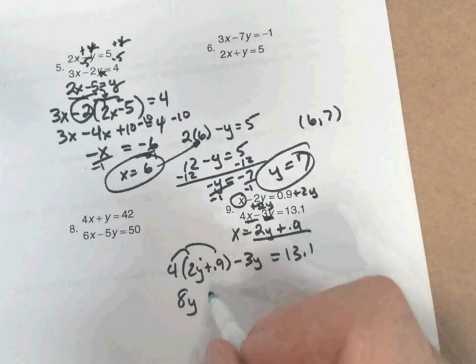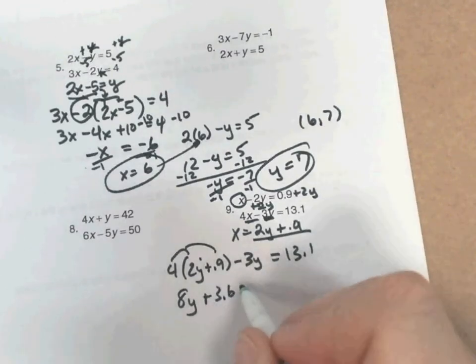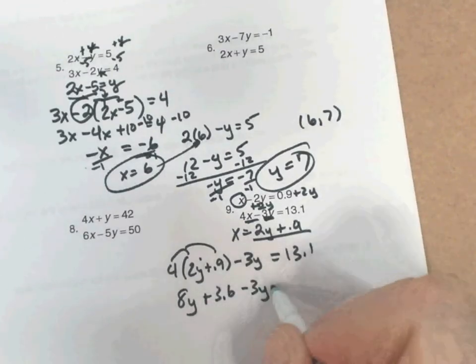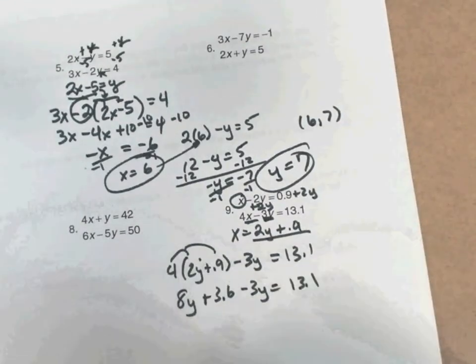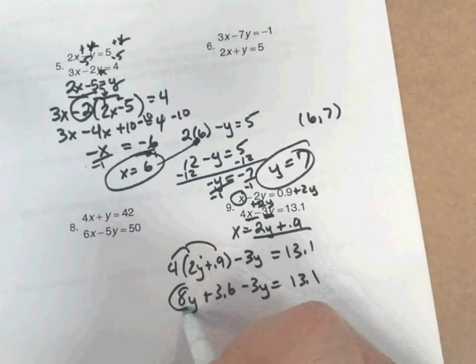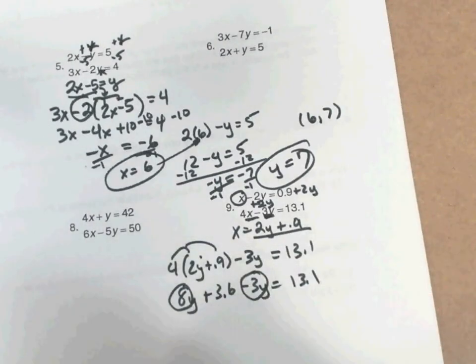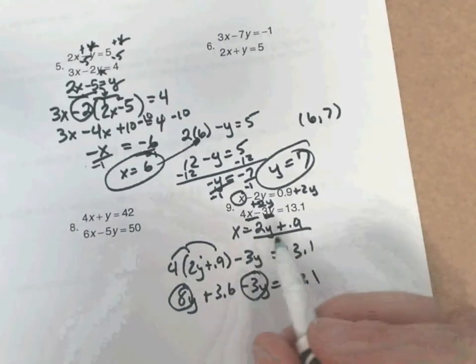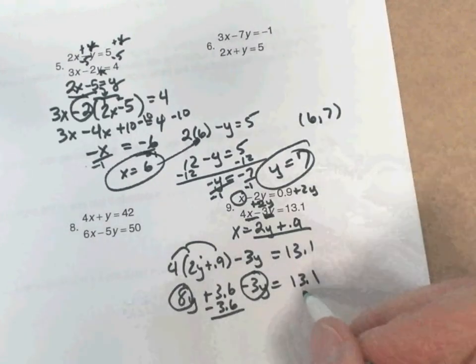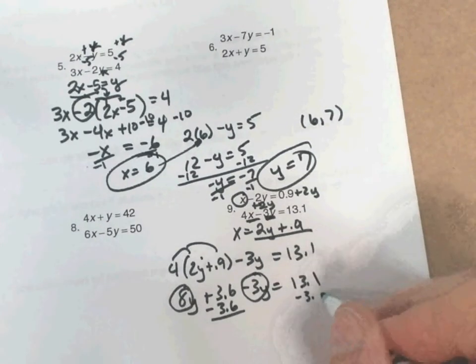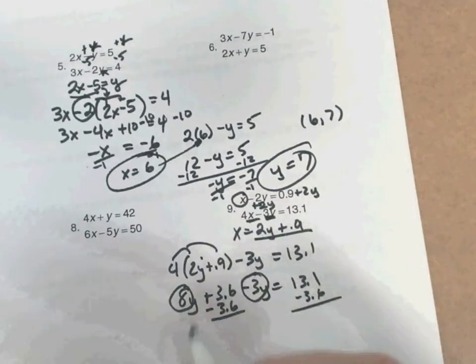I distribute the 4 to both terms, and I get 8y plus 3.6 minus 3y equals 13.1. I'm going to do 2 steps at once here. I'm going to combine my like terms, the 8 and the negative 3, and I'm going to get rid of the number because I don't need it on the same side as a y.